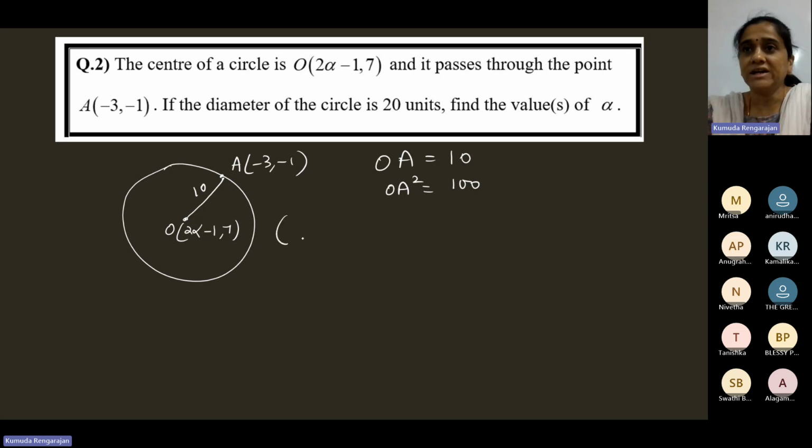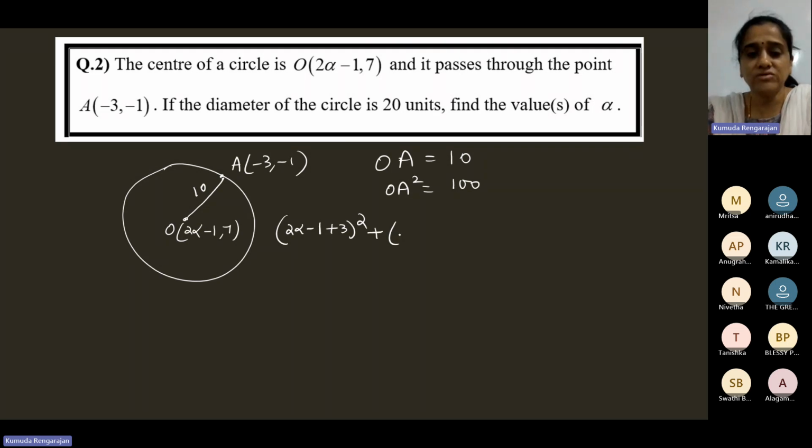What is it? Difference of the x coordinates, the whole square. So 2 alpha minus 1 minus 3, so plus 3, the whole square, plus the difference between the y coordinates, the whole square. Any order you can subtract the y coordinates.